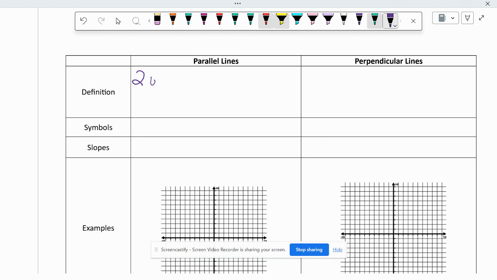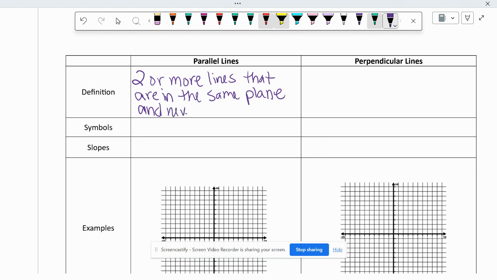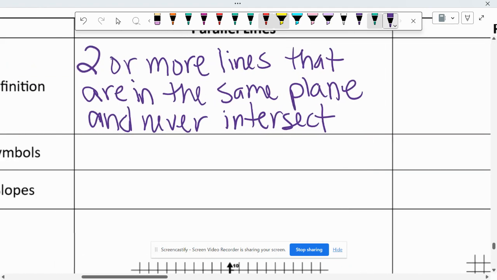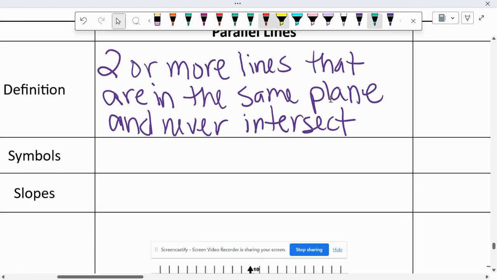Two or more lines that are in the same plane and they never intersect.